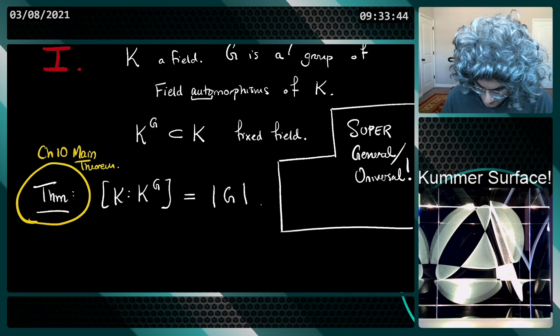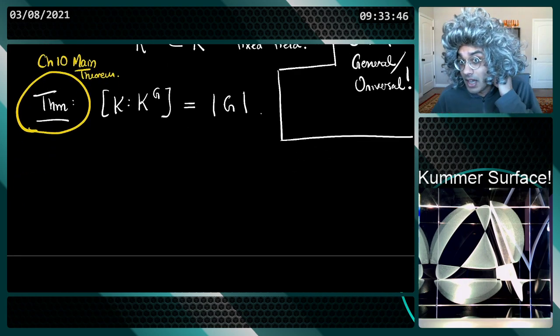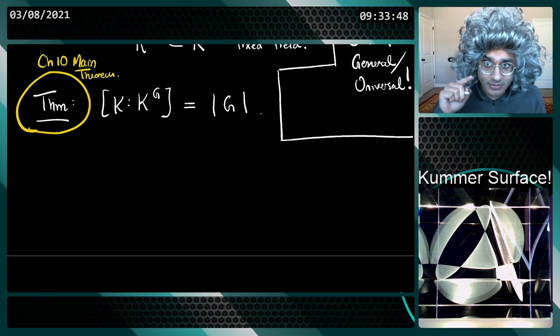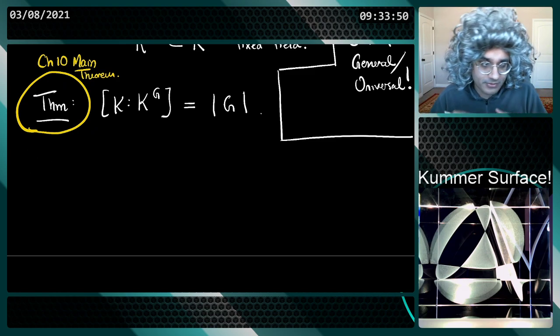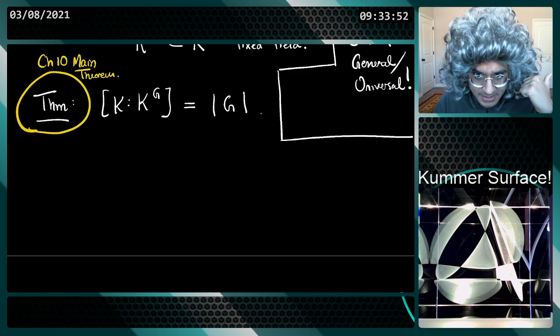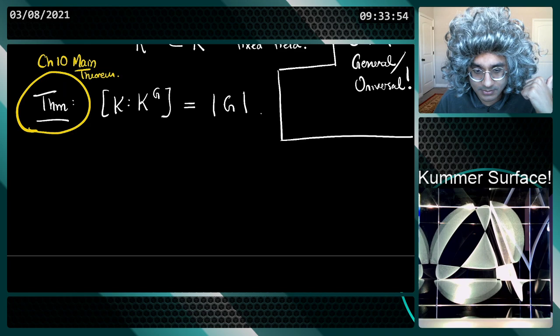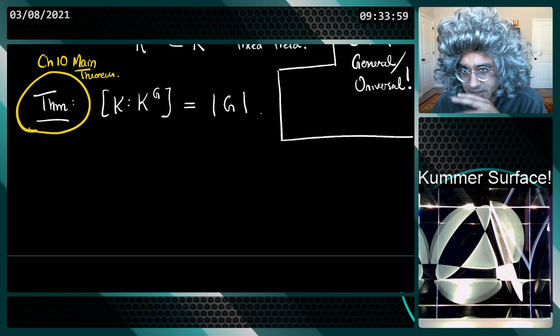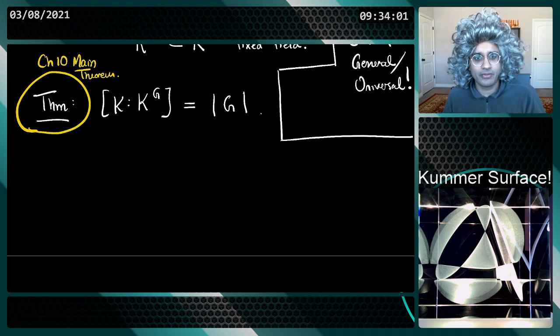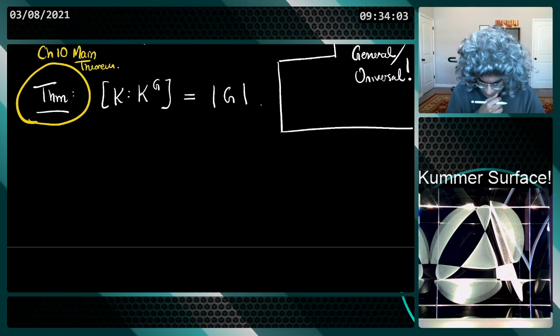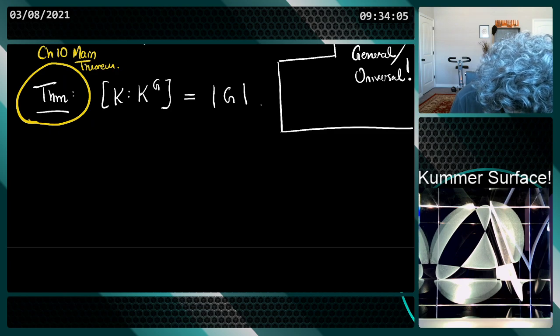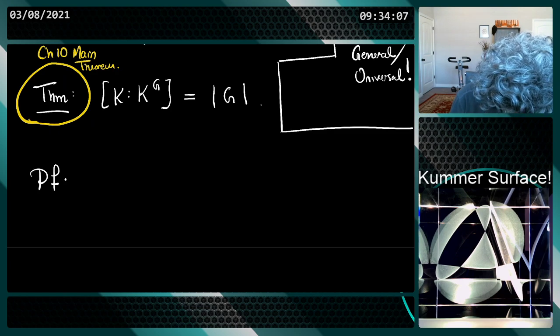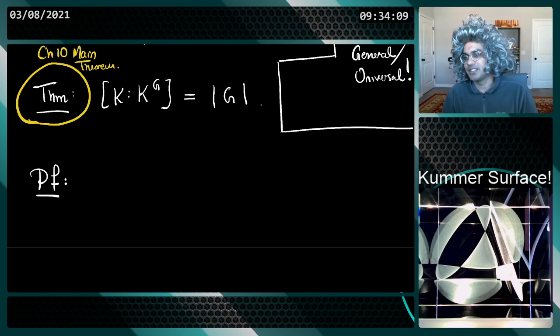So the ingredients will be linear independence of homomorphisms, of monomorphisms, Dedekind's result from last class, and some linear algebra. That's the rough list of ingredients. Let's go through the proof. The proof is beautiful.